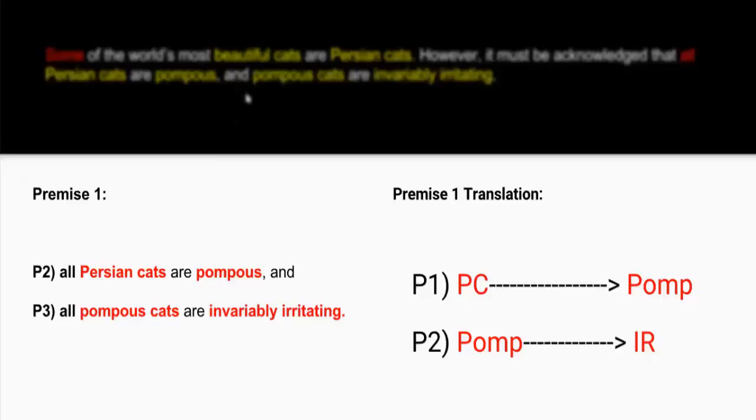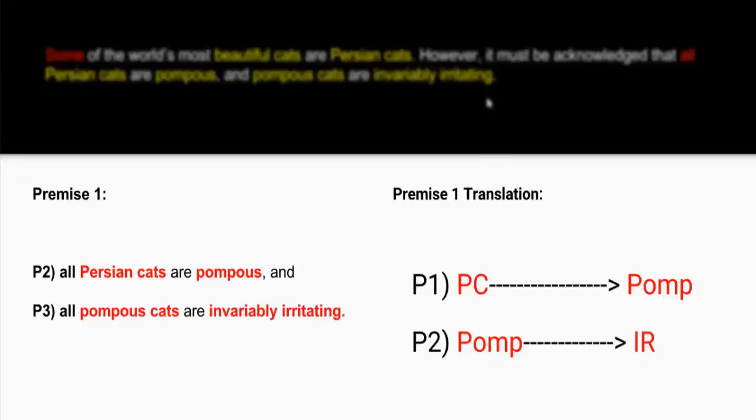I'm going to do a whole tutorial on that and show you how to deal with an and statement, okay? But right now, for this lesson, it's not necessary to know that. All we need to know is basically how to translate all statements. Because basically it says, however, it must be acknowledged that all, see that? All Persian cats are pompous, and pompous cats are invariably irritating.